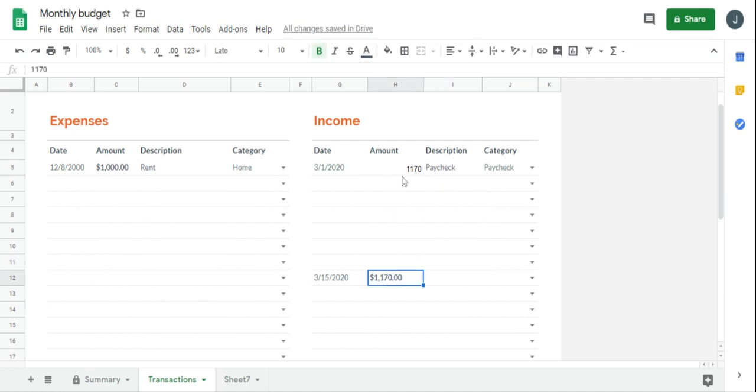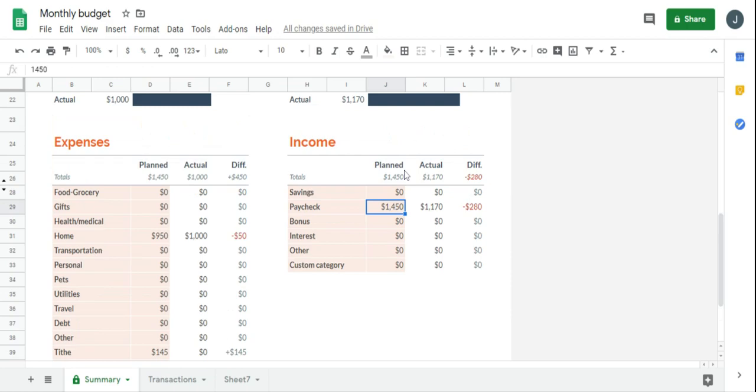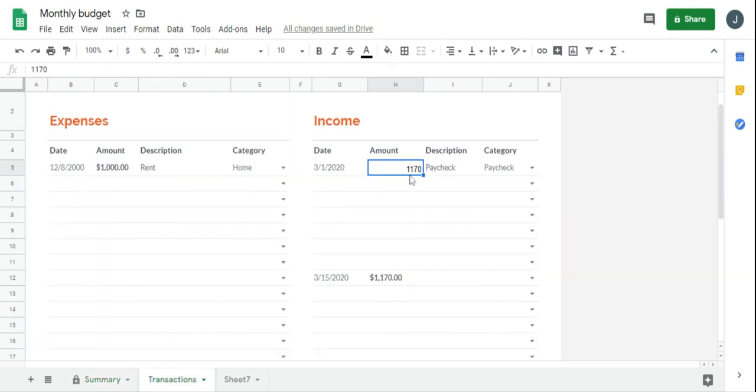I don't understand why this is in a different format now. Whatever, it works. Here we go. This needs to be changed to paycheck.